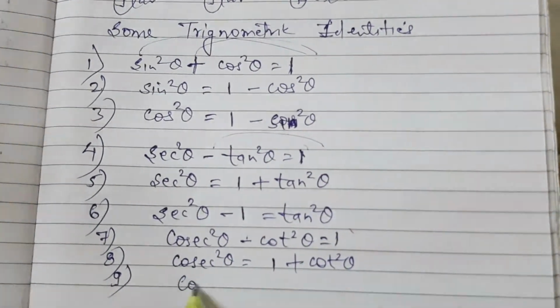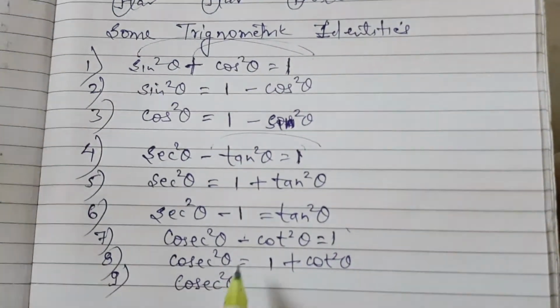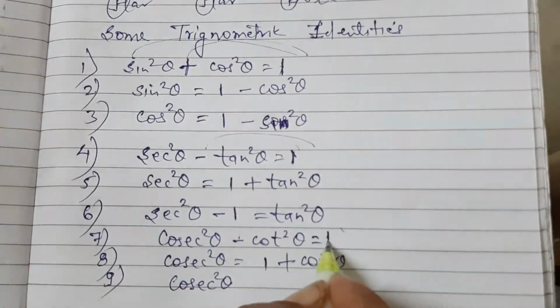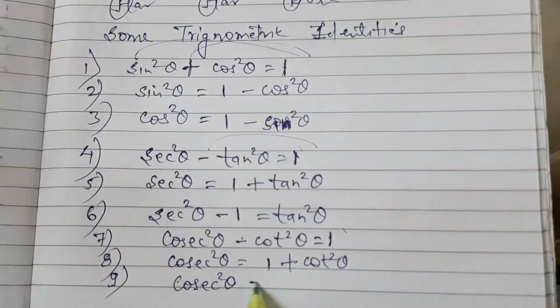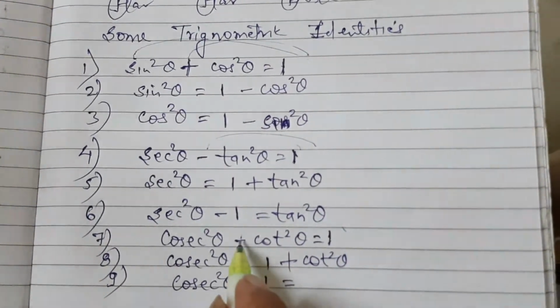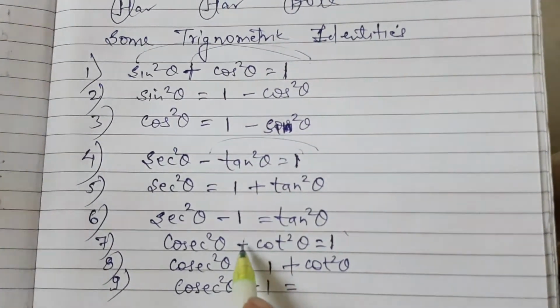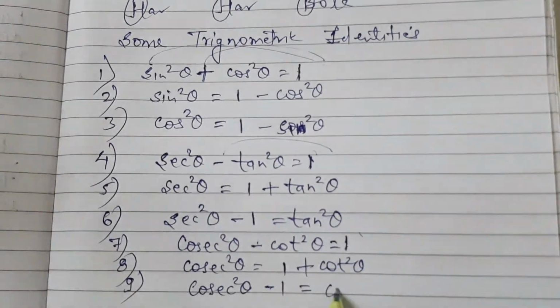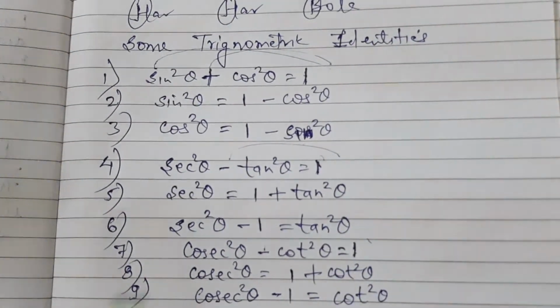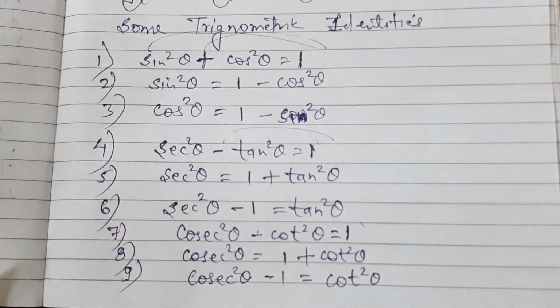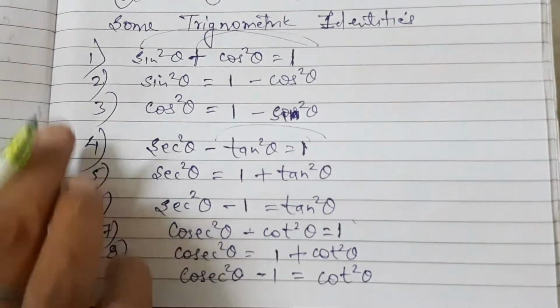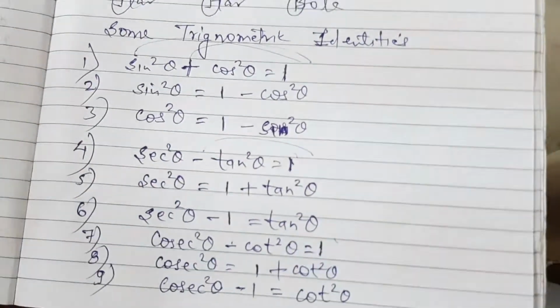This cosec square theta will be on the left hand side. This plus 1 will shift from right to left and become minus 1. And this minus cot square theta will shift from left to right and become plus cot square theta. So these are total 9 trigonometric identities which are very important.